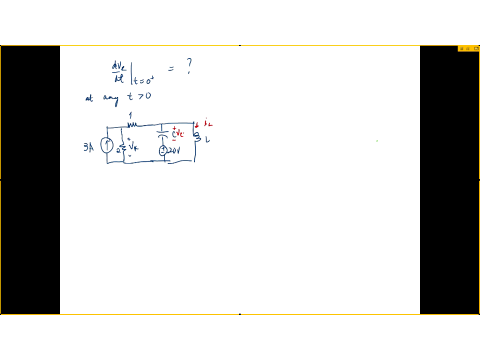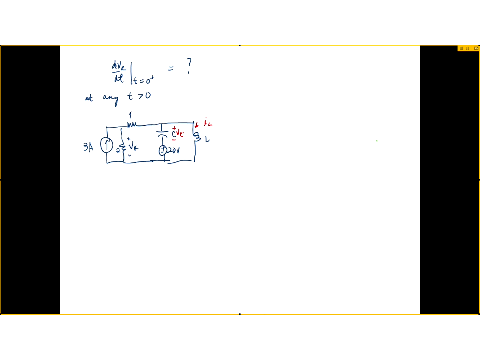So any suggestions on how? Mesh would work? The problem with mesh, okay, maybe. The problem with mesh is it's going to involve both, right? Yes. If I can do away with defining new variables like I1 and I2 and just stick with the VC and the IL, that's going to be easier, right?